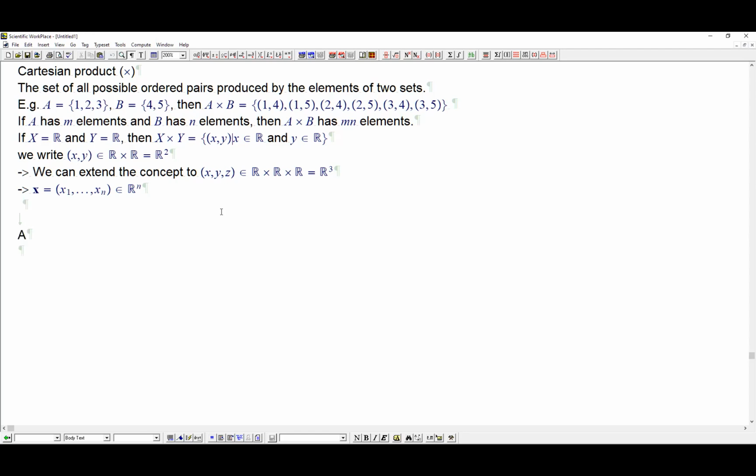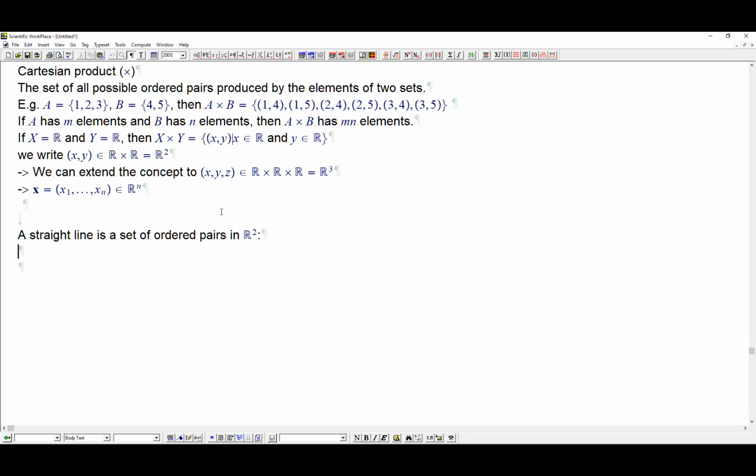So now, what do we use this for? A good thing is to use it for geometry. A straight line is a set of ordered pairs in R squared.